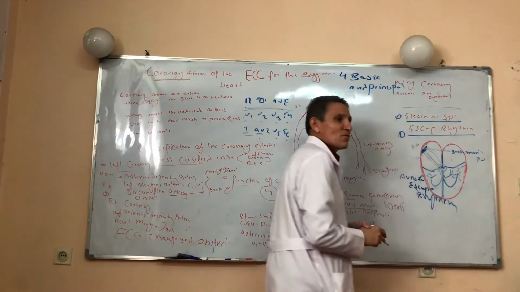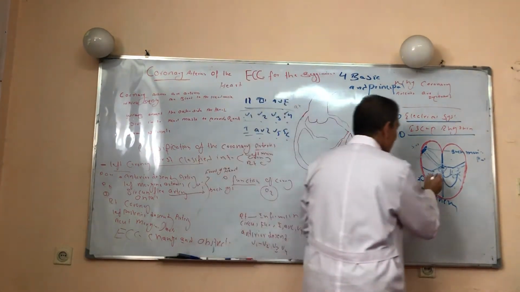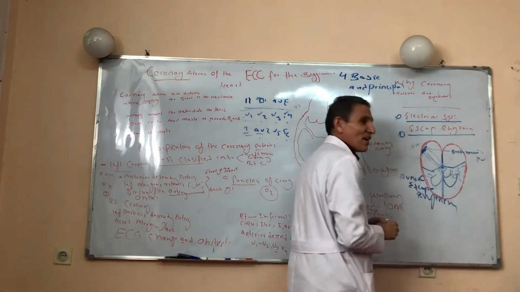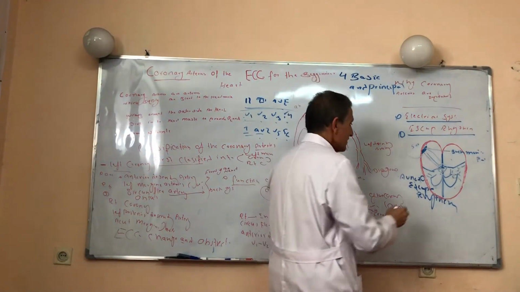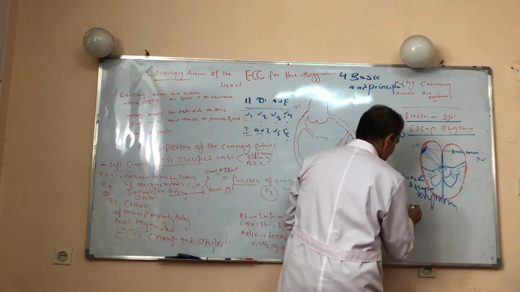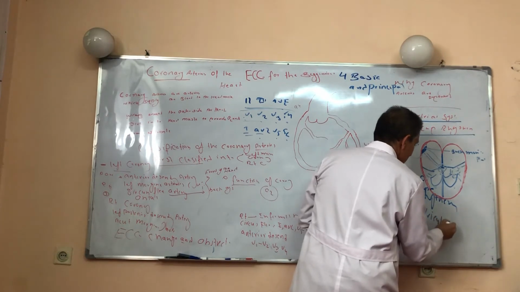If the AV node doesn't work, what will happen to the heart? If the AV node doesn't work, there is another focus located in the ventricle, which is activated. This is called the ventricular escape rhythm.